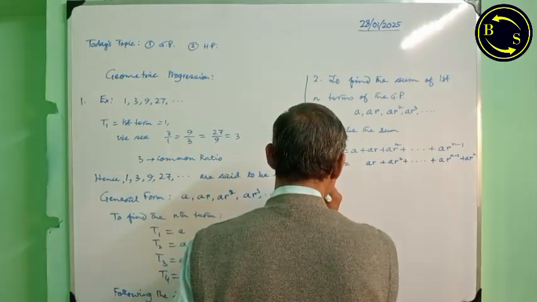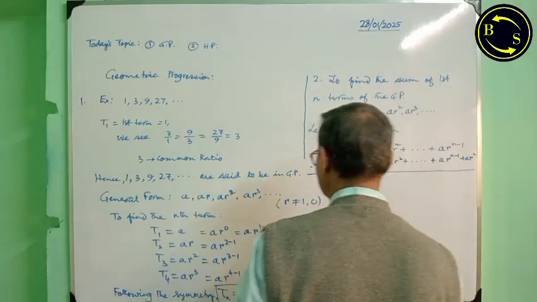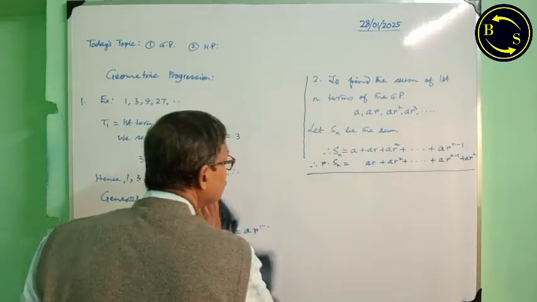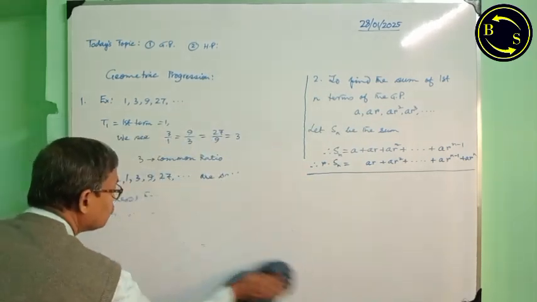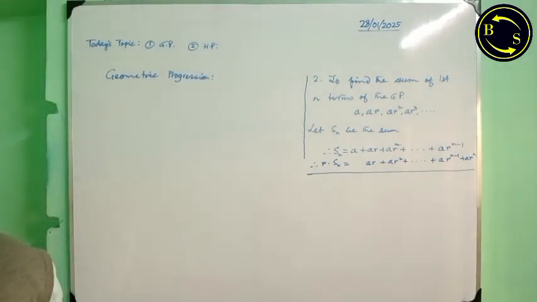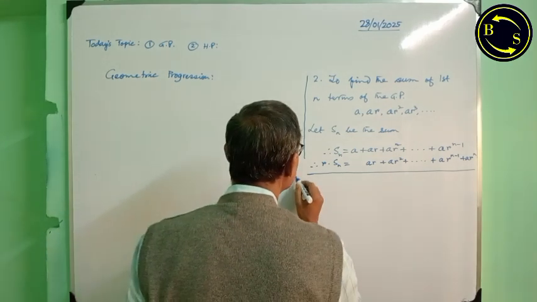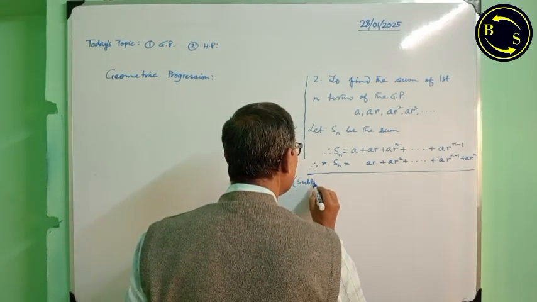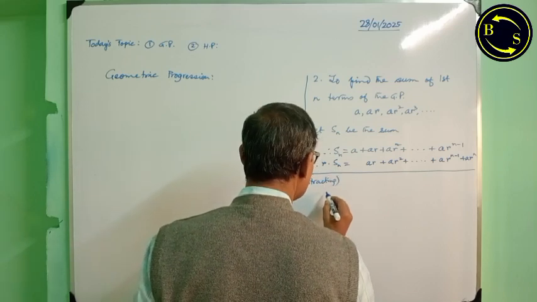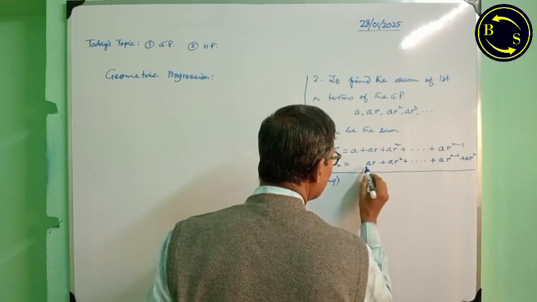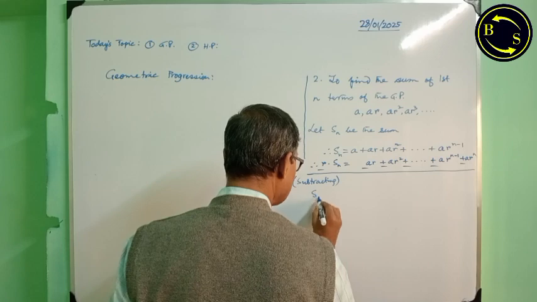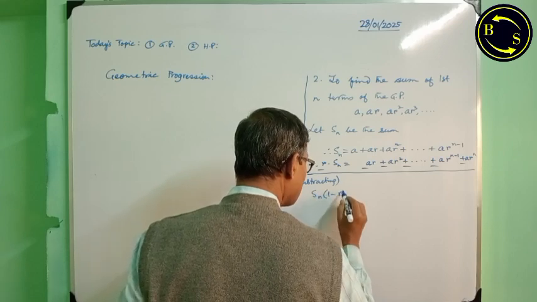Now I take the difference. Subtracting, the result will be Sn within brackets 1 minus r.